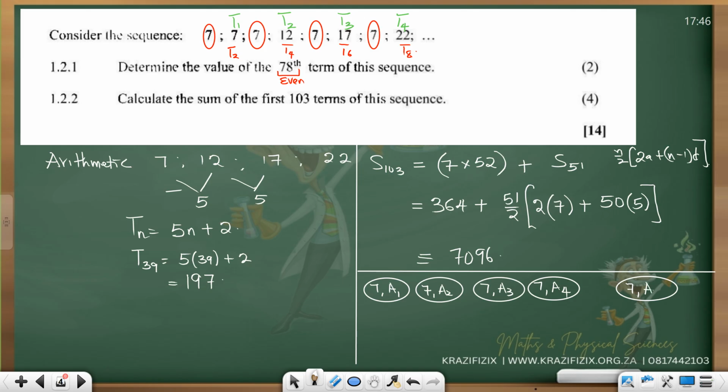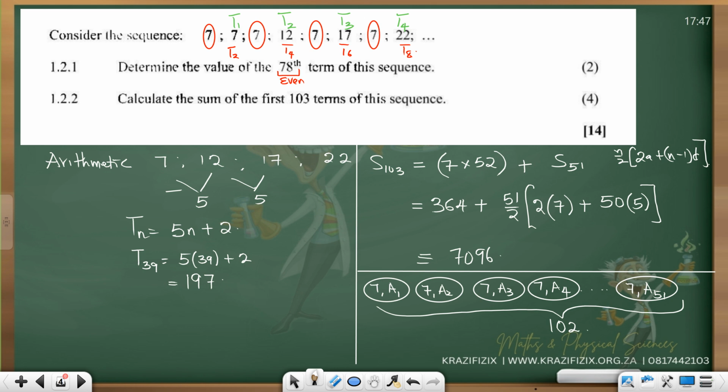A7 and A51. So I have 51 pods already. Does that make sense? Yes, sir. So if I have 51 pods, how many terms do I have? 51. 102.